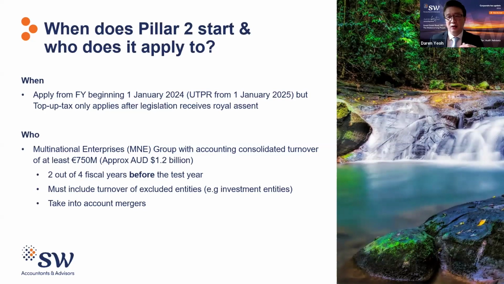In performing this turnover test, you must include the turnover of excluded entities. Now, I understand that the universities are in attendance as well, so I'll say this. Excluded entities are basically outside the Pillar 2 rules. So they do not need to do the calculation. They do not need to lodge a form.